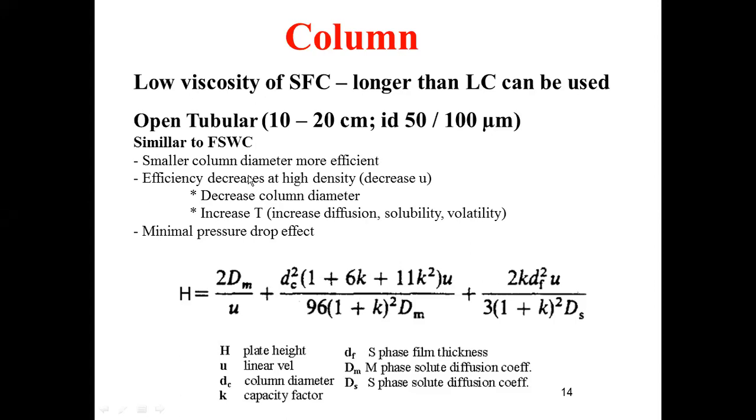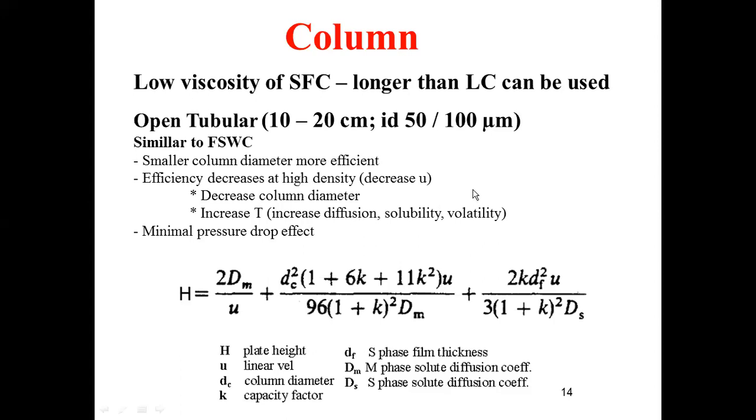So you have now understood the principle of supercritical fluid chromatography. You have to remember these three points here. The smaller the column diameter, the higher the efficiency, because the pressure drop will be very low. Especially while using open tubular columns, the separation becomes highly efficient because of the zero value of the eddy diffusion term.